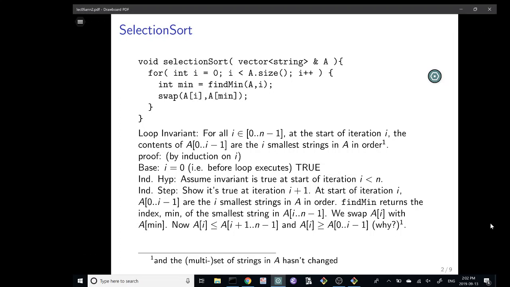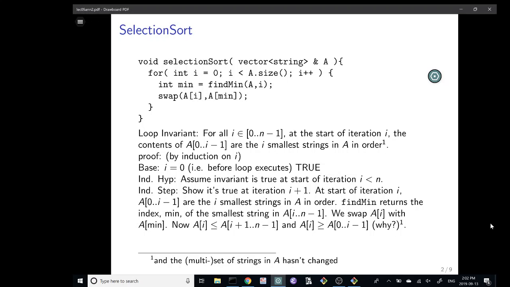Here's actually selection sort, not insertion sort. Selection sort was what we did last time. We had find min, which finds the smallest element in an array starting at location I and looking towards the larger indices in the array. So I guess larger is this way.